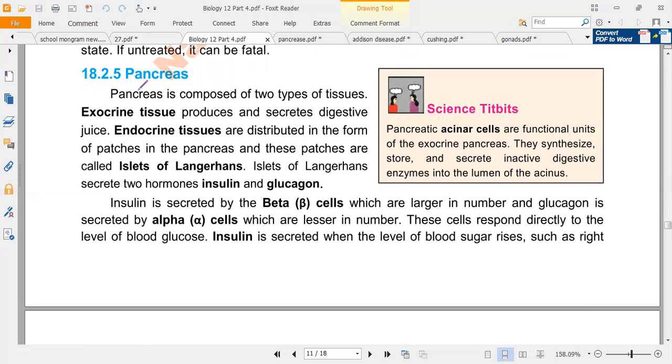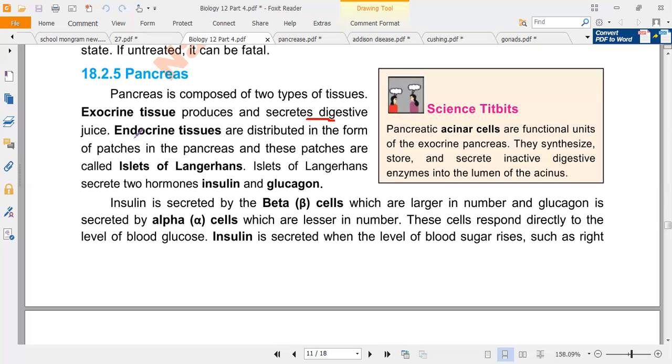So we can say that pancreas is both exocrine and endocrine tissue. Exocrine, like it releases its enzymes in the duct in the form of digestive juices, which reach the duodenum in the small intestine and help in digestion.